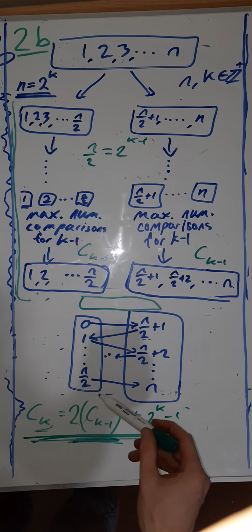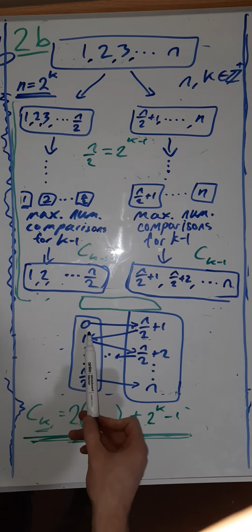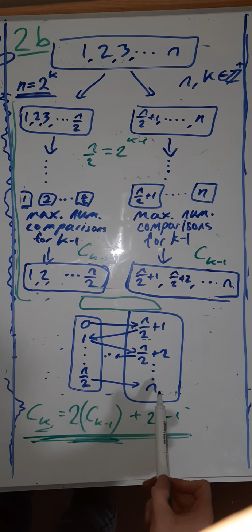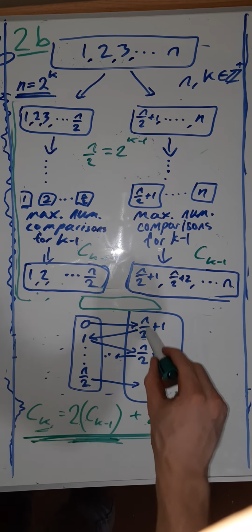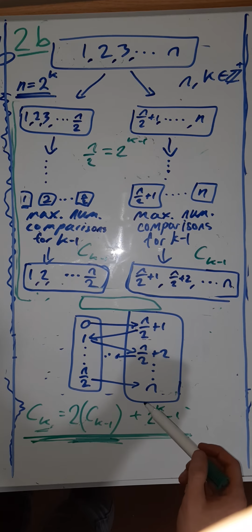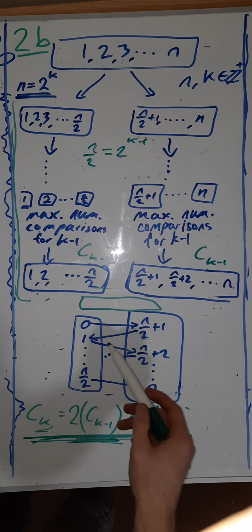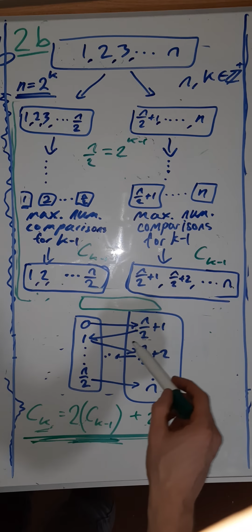And the reason that comes about is these lists are compared in this way. So comparisons sort of ladder down all the way to n. So there's n amount of elements being compared in total, and all these arrows refer to all of those comparisons. So 0 is compared with something, that is compared with something.